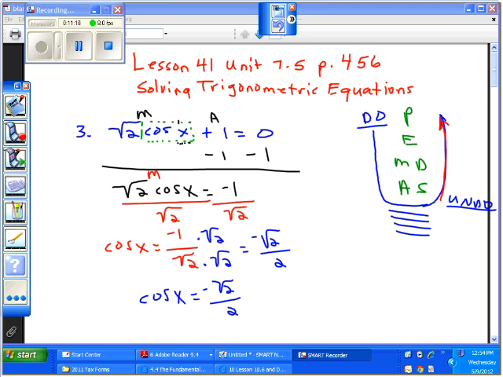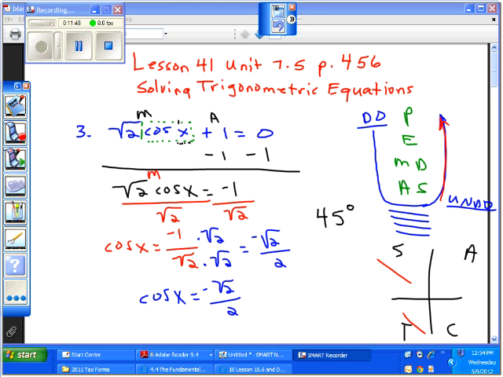So we've got to think: the cosine of what is square root 2 over 2, and where does it happen that that's negative? Okay? Now, first of all, the cosine of what is square root 2 over 2? 45. But in a smart trig class, where is cosine negative?